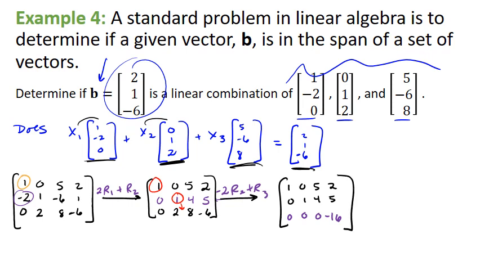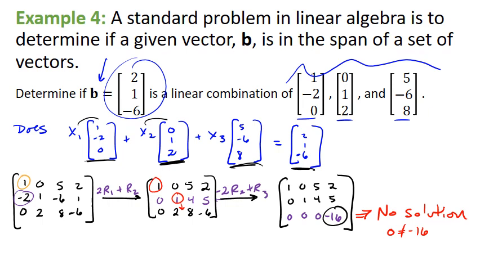Now, you may remember from the previous section that we cannot have a pivot in this last column. This tells us that we have no solution, because there's no way that 0 will equal -16.